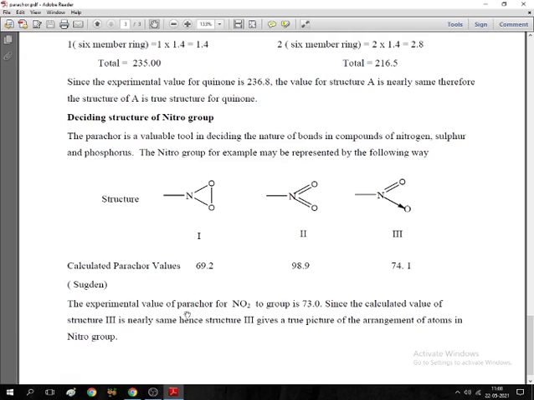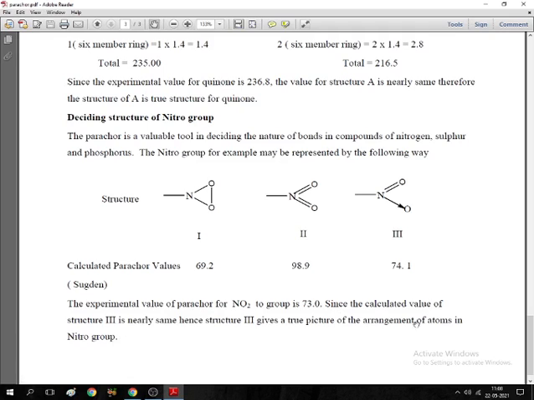The experimental parachor value for the NO2 group is 73. Since the calculated value for structure 3 is nearly the same, structure 3 gives a true picture of the arrangement of atoms in the nitro group.